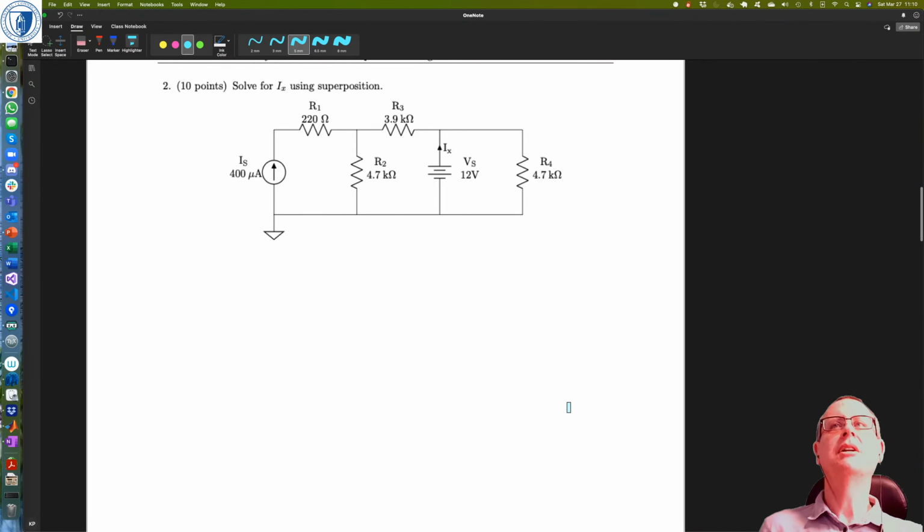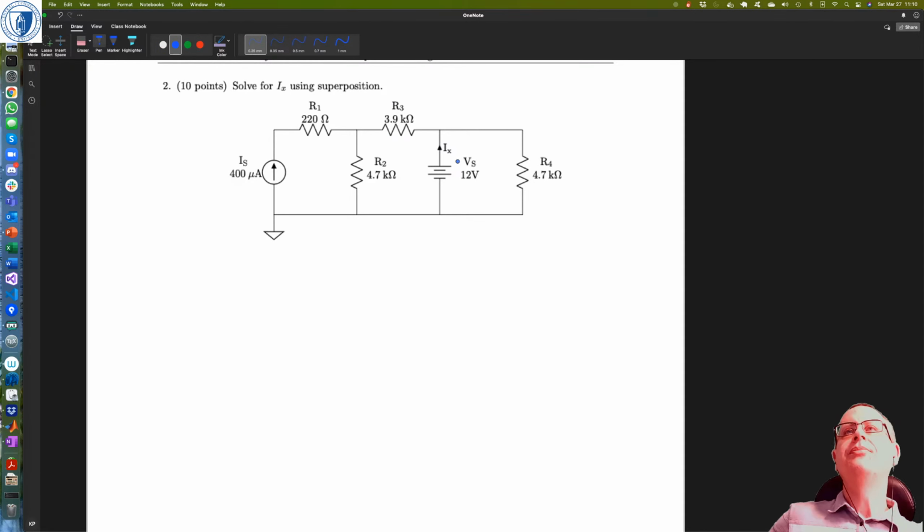I'm going to go back and do question 2, the superposition question. Okay. So we're aiming to find IX, and we've got two independent sources, so we need two separate circuits.